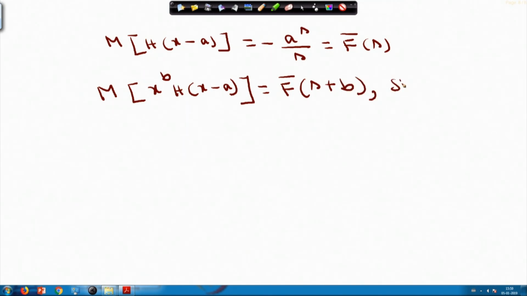Please note that we have used here the shifting property.